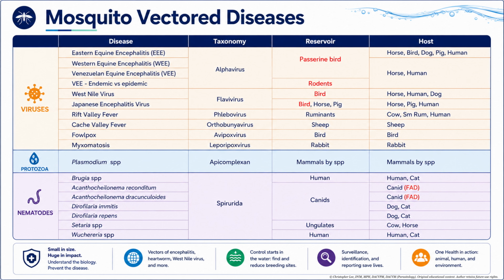Birds, mammals, humans, dogs, horses, ruminants, and wildlife may all be involved in different ways. For veterinary professionals, risk assessment depends upon vector ecology, host exposure, travel, prevention, and local disease patterns.